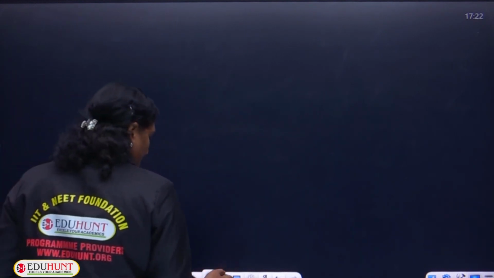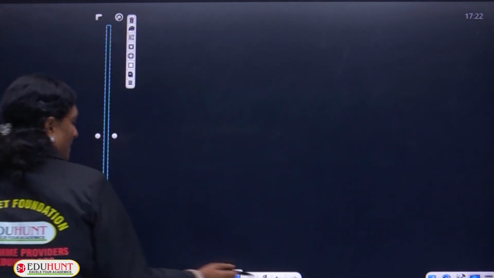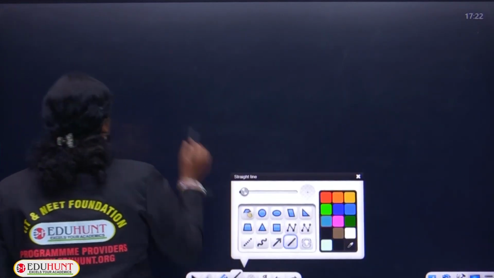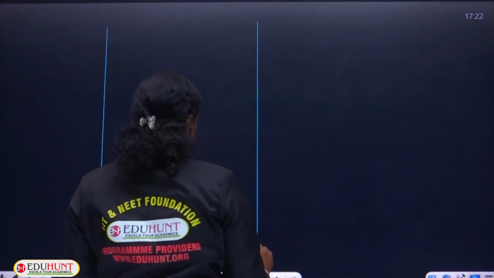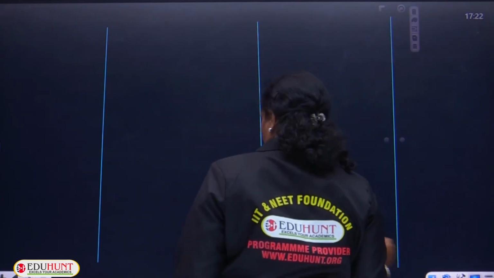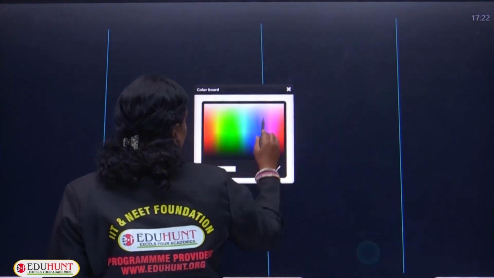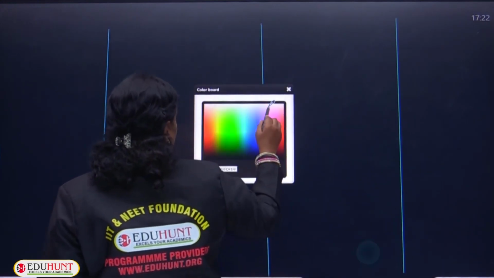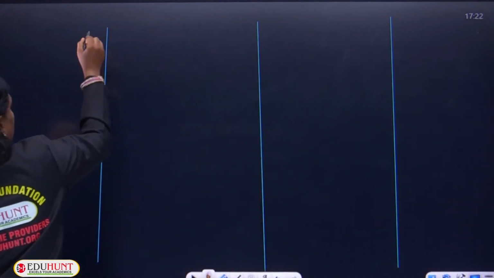For this, let us consider a mirror-like structure. Let us consider mirrors as described, in front of which let us keep the alphabets.